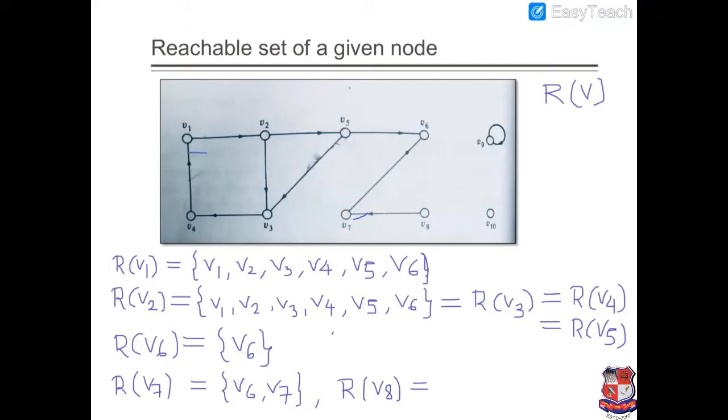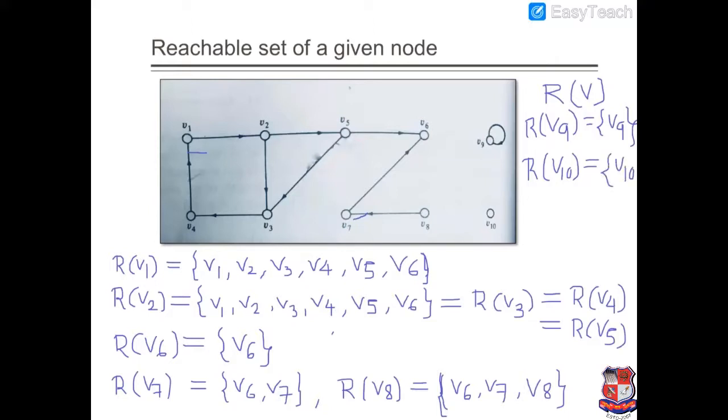Therefore, the reachable set of V8 is V6, V7, V8. Now, what is the reachable set of V9? V9 is reachable only to itself because it is not connected to the graph. Therefore, the reachable set of V9 is V9, and the reachable set of V10 is V10.